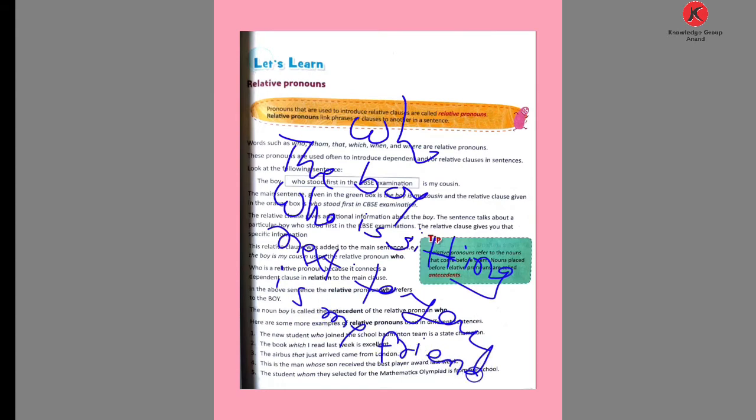So here, see, the boy who is sitting next to you is my friend. The sentence is "The boy is my friend," but here I have given the relation.